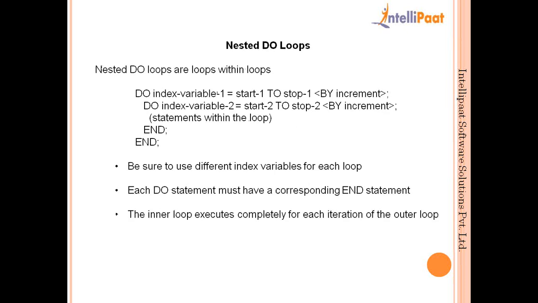Okay, nested do loops. Nested do loops are nothing but a loop inside a loop, similar to how we write nested if statements or nested functions. Basically, inside a function you write another function. That is the meaning of nested.